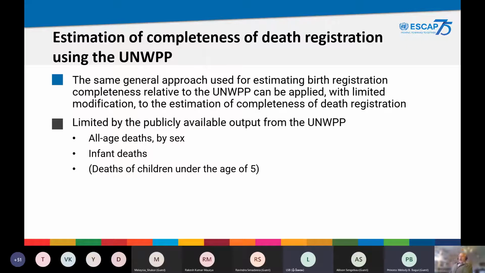And I've put in parentheses that one can also just about, but not entirely, derive some estimates of the number of children under the age of 5 on an annual basis. But that is also not able to be disaggregated by sex.